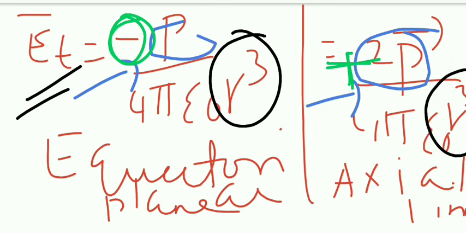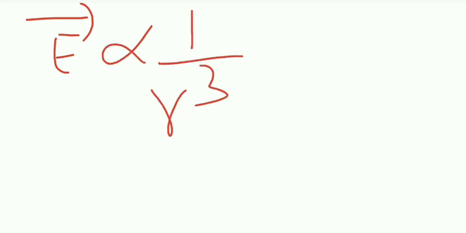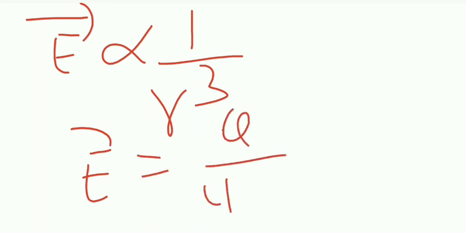Next, you see in the equation that the electric field due to a dipole varies as 1 by r cube, both on the axis and the equatorial plane. So E due to a dipole varies inversely with the cube of the distance between the field point and the source. Whereas the electric field due to a point charge is q by 4 pi epsilon naught r square.